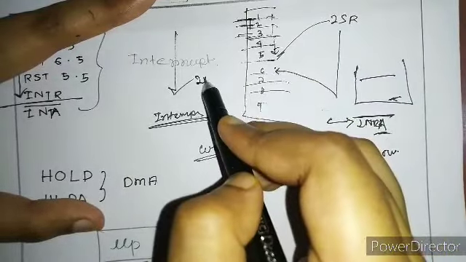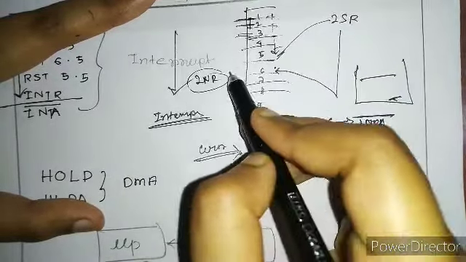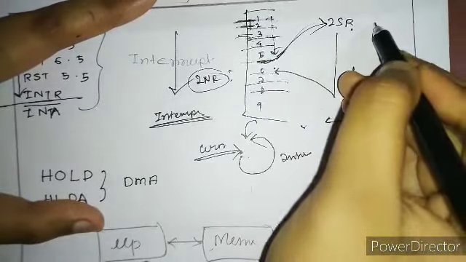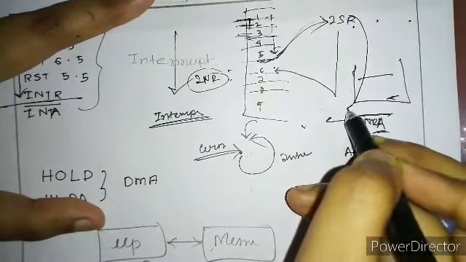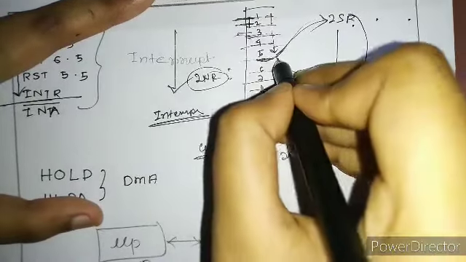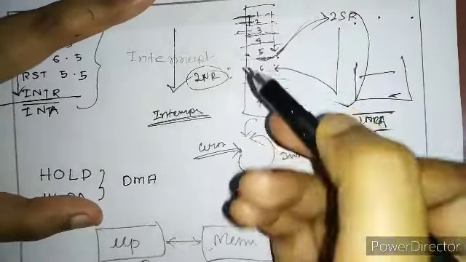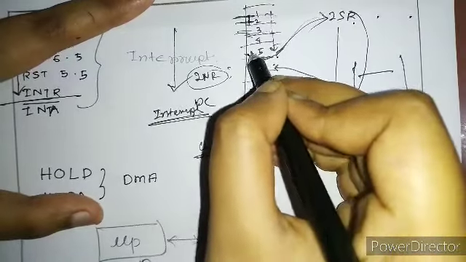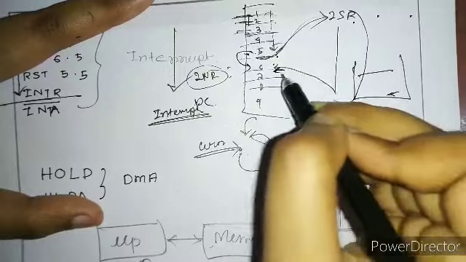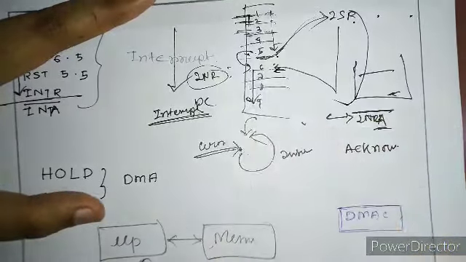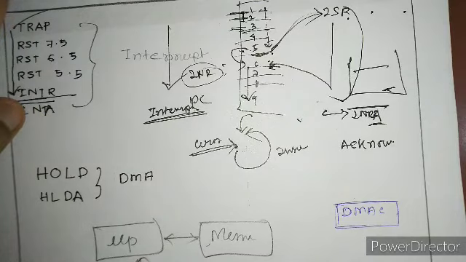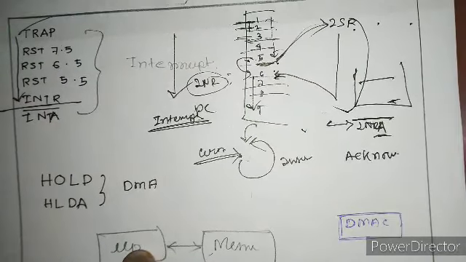Suddenly some interrupt came into the scene. From this address it will go to the interrupt service routine, perform the task and come back. The PC obviously gets incremented, so from 5 to 6, and again 6 to 7 and onward get performed. This is how these interrupt pins are used.